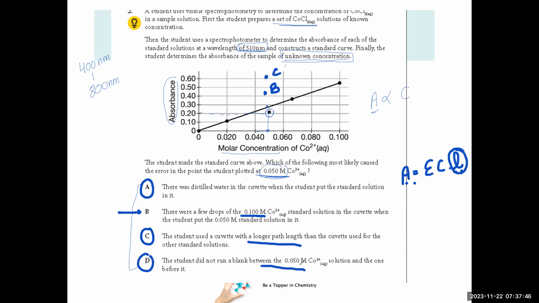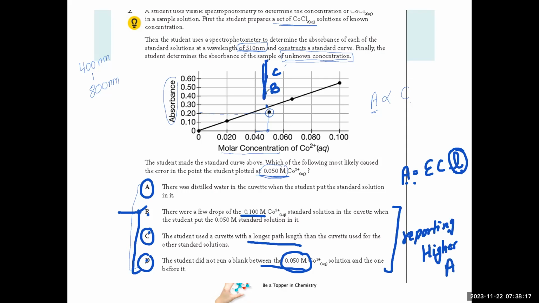If you have not run the blank, then the absorbance of the water will be added, so it should again be higher. So you can see that B, C, D all report higher absorbance, so they cannot be the reason. The value should be above this point, in a higher range.